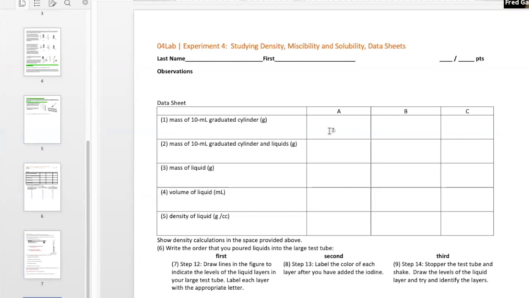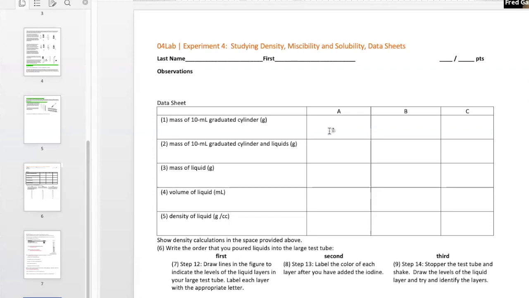Okay? So you're going to do this 3 times because we have 3 liquid unknowns. You're going to do the mass as well, and I will show you how to do the mass so that you don't have to take extra steps. And then, of course, if you've got the volume and you've got the mass, then you can certainly calculate the density.